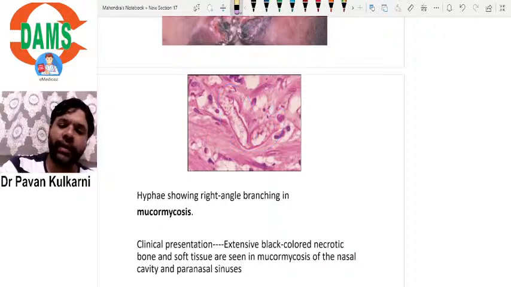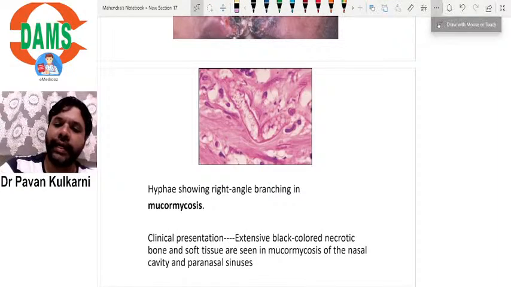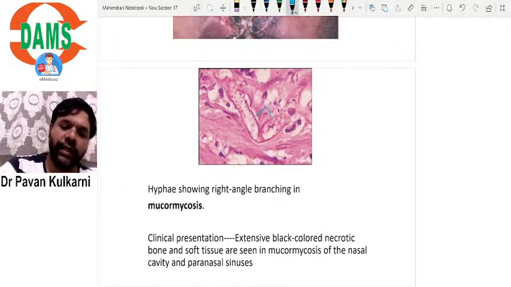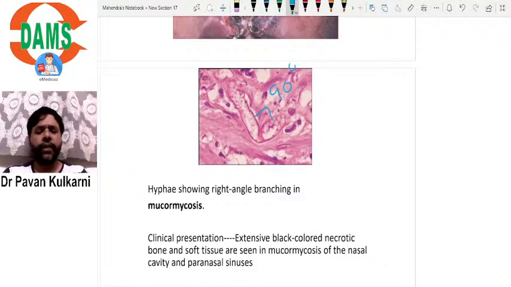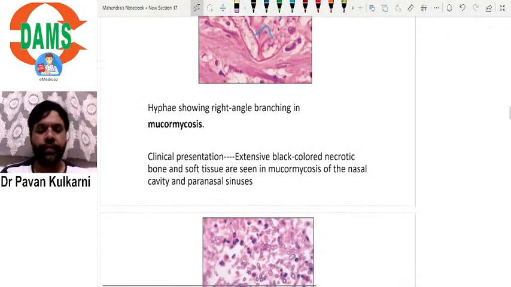If I draw a diagram here, this angle is 90 degrees. So typically the hyphae branch at right angles. And remember, the hyphae are non-septated, that means they don't have any septa.